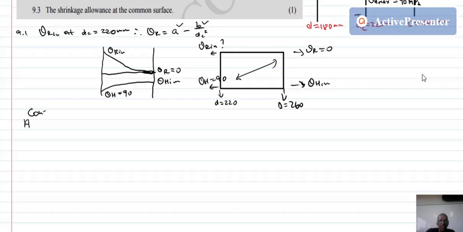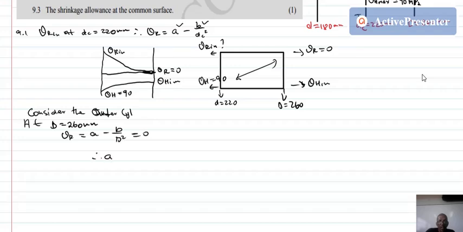Like I said, consider the outer cylinder at D, which is 260 millimeters. My radial stress is the same as A minus B over D squared, which is the same as 0.